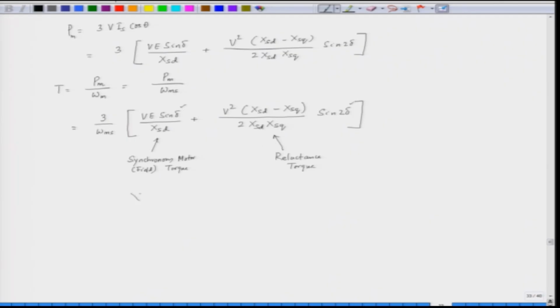Now, X S D is not equal to X S Q. Because of that, there is a difference X S D minus X S Q. In fact, for a wound field synchronous machine, X S D is greater than X S Q. Because of that, the reluctance torque is positive for a salient pole synchronous machine.